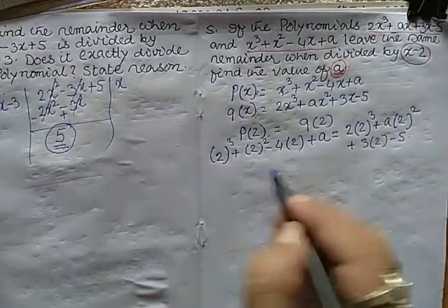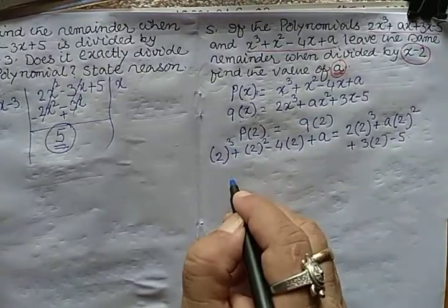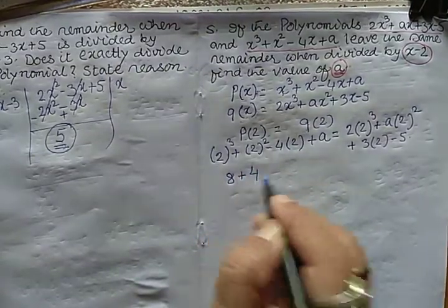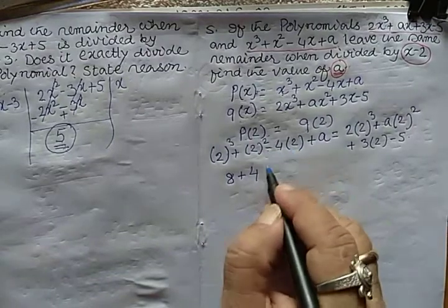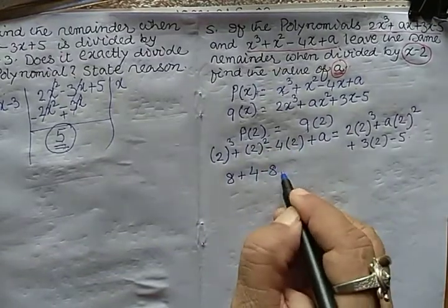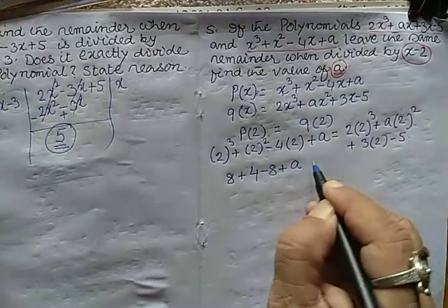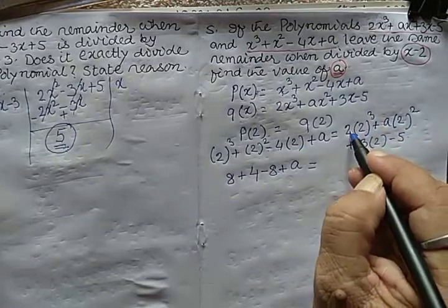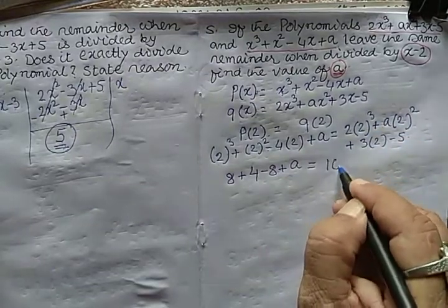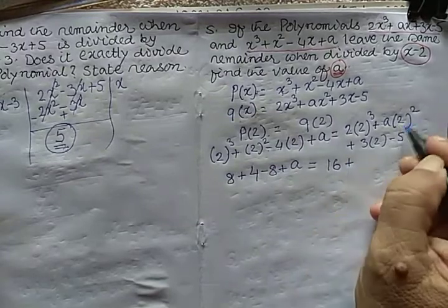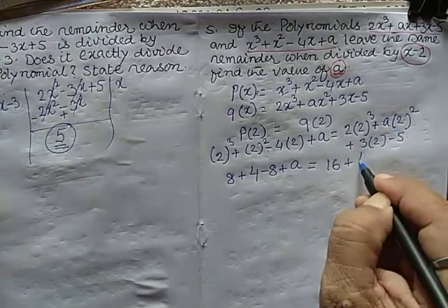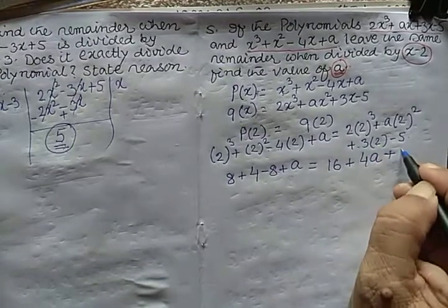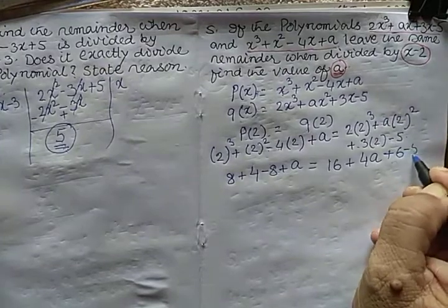Clear? Let us simplify this. 2 cube means 8. 2 square means 4. Minus 2 into 2, minus 8, plus a is equal to 2 into 2 cube, 8, 2 8s are 16, plus 2 square means 4, 4a, plus 3 into 2, 6, minus 5.